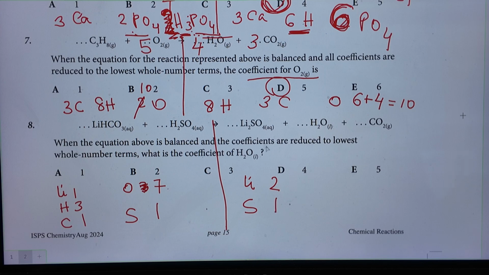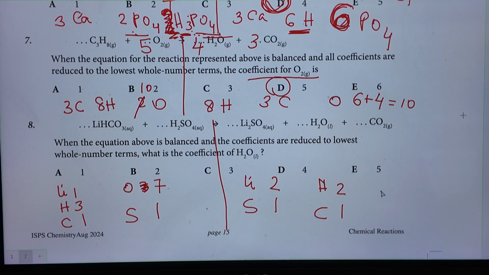So that checks out. Oxygen, I'll count that last. Hydrogen, I have 2. Oxygen we'll count later. Carbon, I have 1. I also have carbon 1 here. And then oxygen, I have 4, plus 2, so oxygen, I have 7.